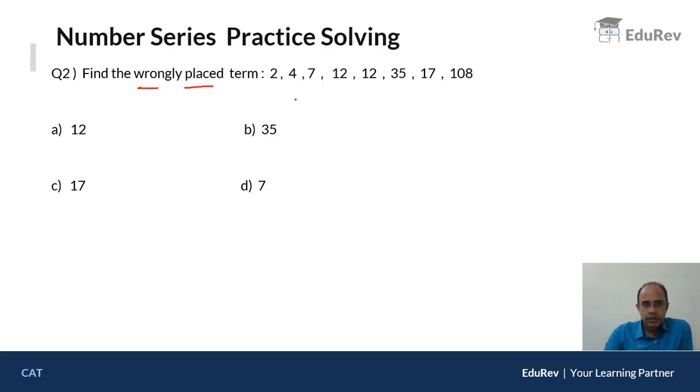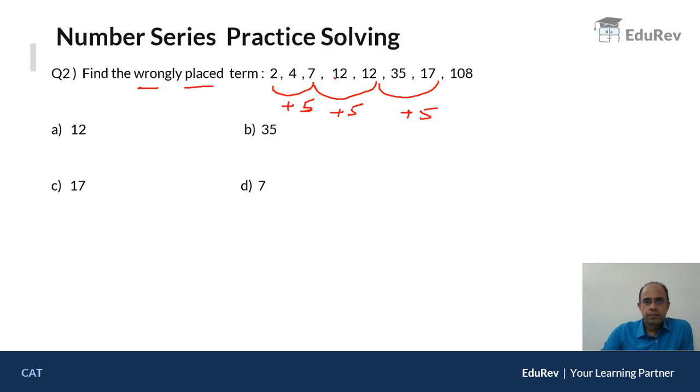Now let us observe this series. So we are observing 2 plus 5, 7 plus 5, 12 plus 5. We are getting a series. Plus 5, 2 plus 5 is 7. 7 plus 5 is 12. 12 plus 5 is 17.